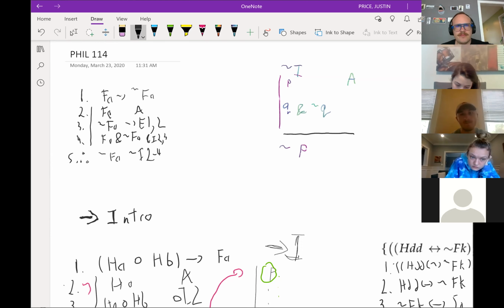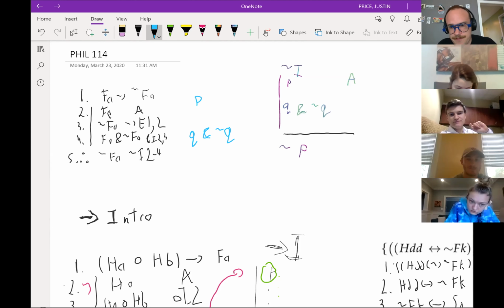Yeah. So it's not always going to work out that the contradiction is going to be the same as P, right? It just so happened in this derivation, that's how it went.